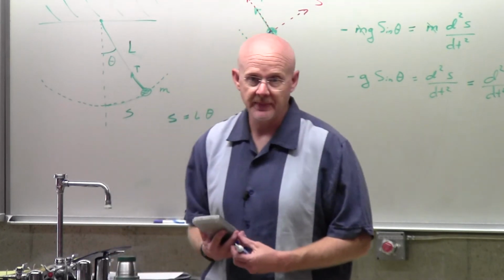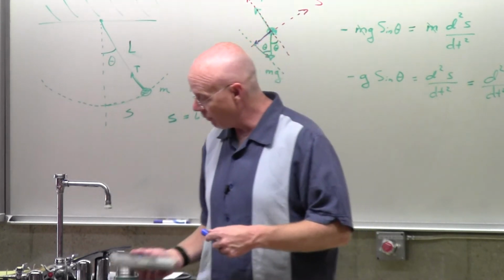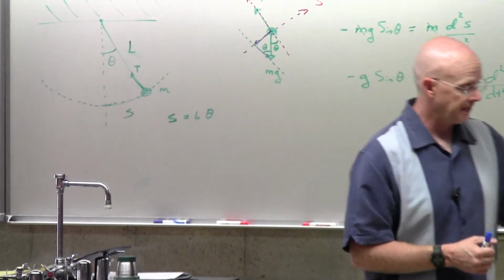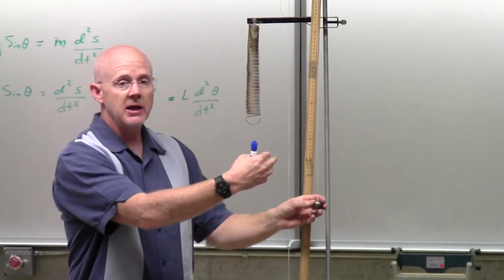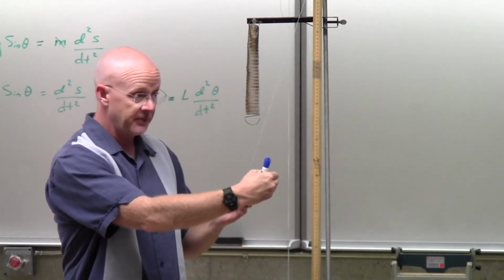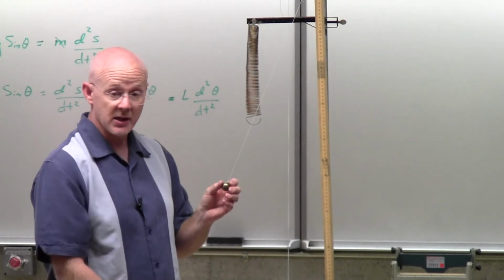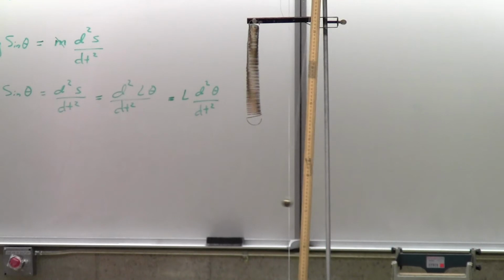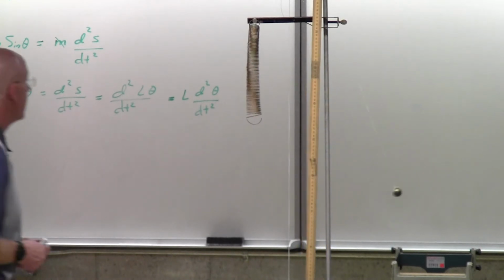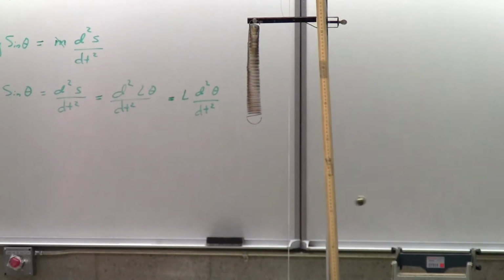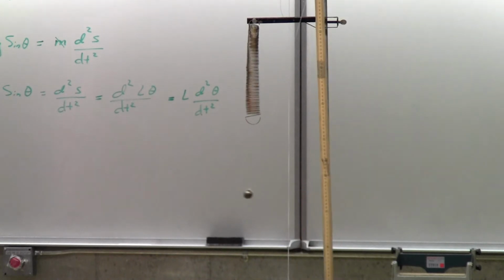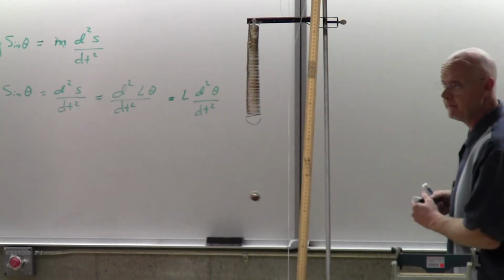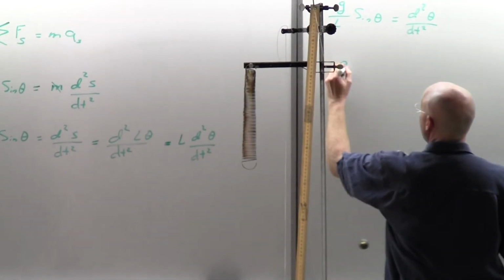And my point is this. If we're looking at something rocking back and forth, like this pendulum, and we're willing to say, let's do some small angles, something no more than this, which is very reasonable, 30 degrees, we can make an approximation and not try to solve this harder equation, but solve this equation.